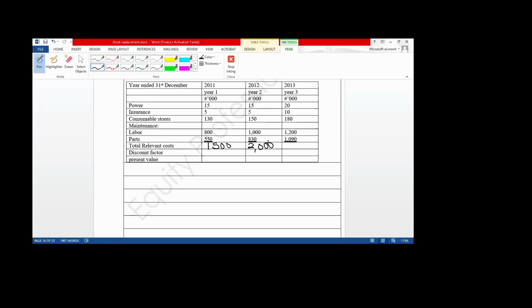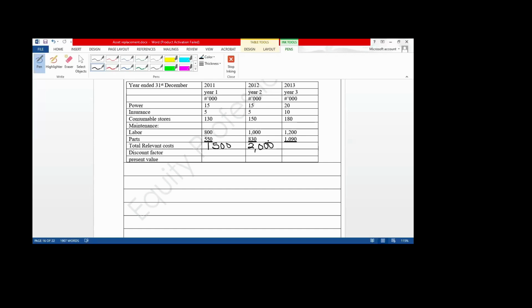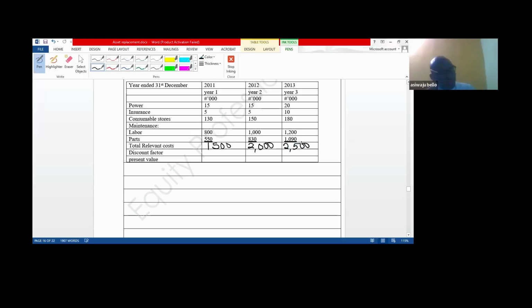Year 3, 2,500. You observe that we ignore years 2014 and 2015 because after year 2013, the old asset scrap value has become 0.